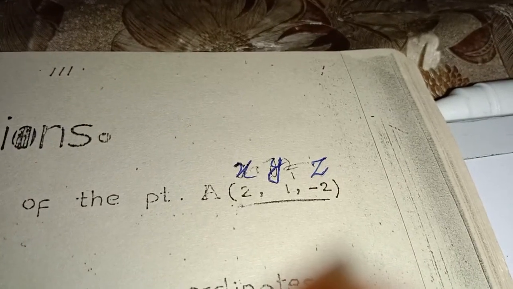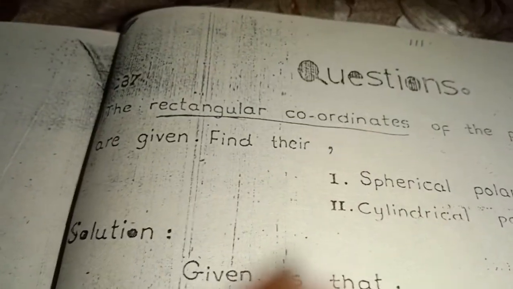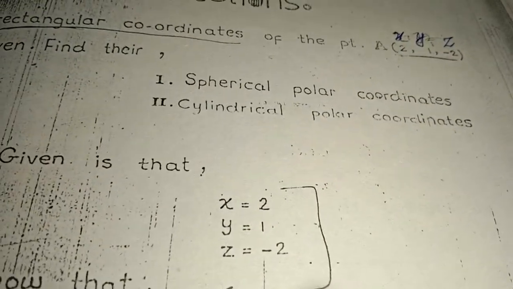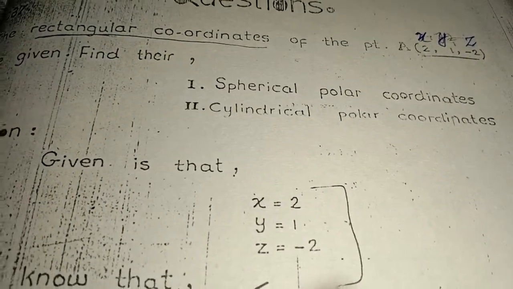We solve this question. Question is the rectangular coordinates of the point A are 2, 1, minus 2. Here x is 2, y is 1 and z is minus 2. We have to find spherical polar coordinates and cylindrical polar coordinates.